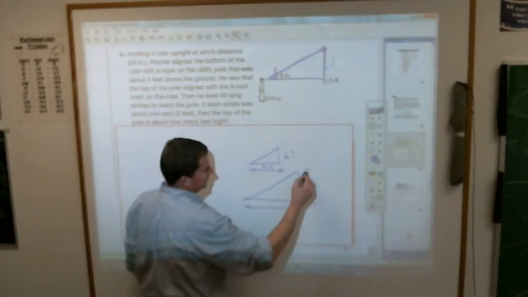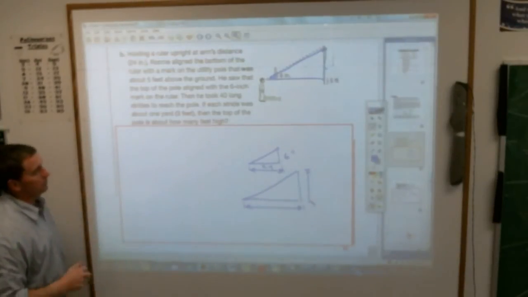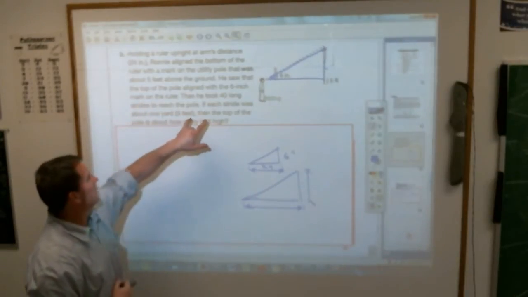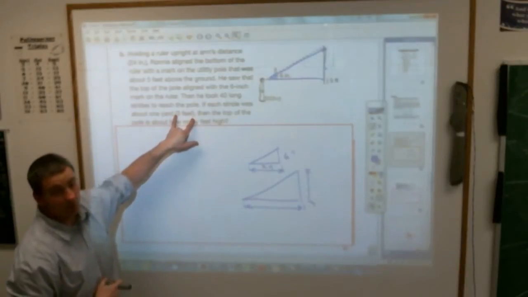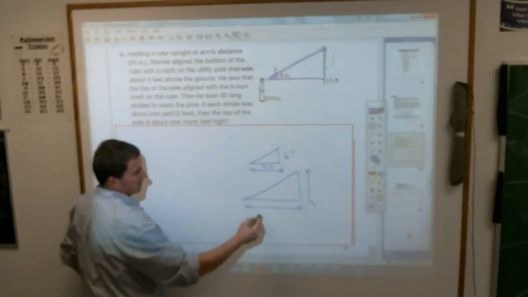Which one do I get? Do I know how far it is from here to here? Sure, because it said this person took 40 long strides, and each stride is 3 feet. So if you take 40 strides and each one is 3, it's 120 feet. Yeah, this is 120 feet.